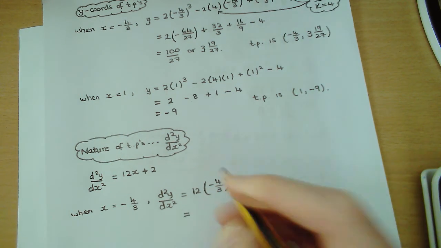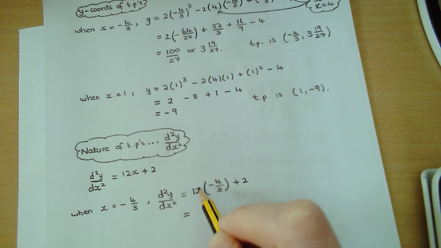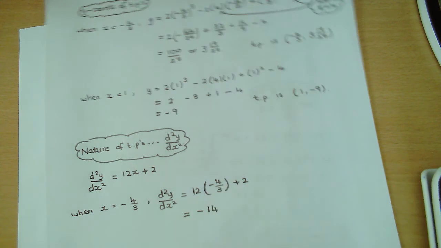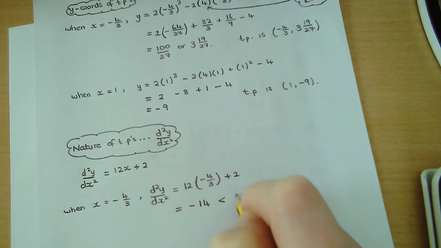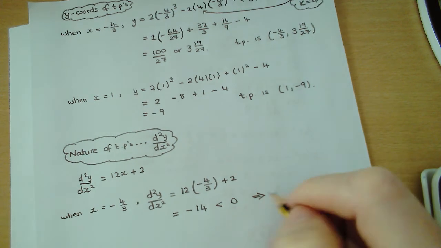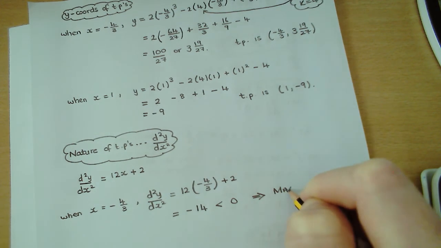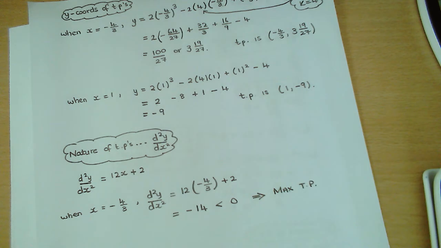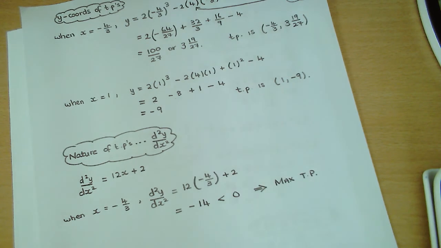So 3 goes into itself once, goes into 12 4 times, so we're going to have minus 16 plus 2, so that's going to give us minus 14. So minus 14 is less than 0, so therefore that is going to give us a maximum turning point.